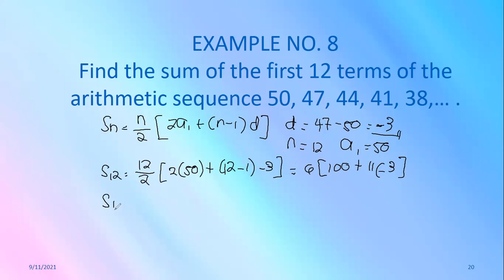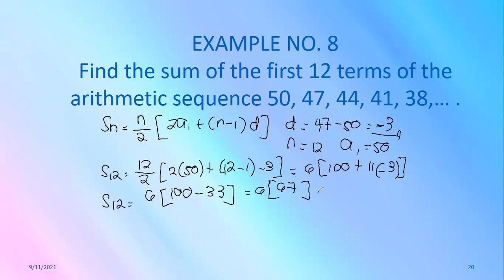Okay, so sum of 12 terms natin which is equal to 6 multiplied by, so 100 minus 33, or that's equal to 6 multiplied by 67.